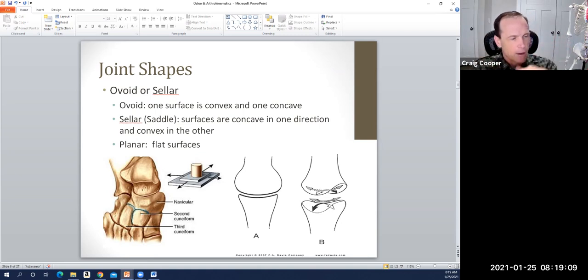The angle of how those bones fit together is different in those different segments, and that can influence how effective we can be with our mobilizations at those joints. So it's important to understand those. Again, the ovoid is what we'll talk about most often in understanding which direction to perform your glide when you're doing a joint mobilization.